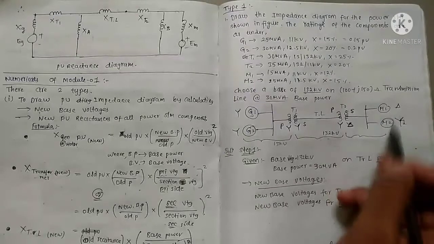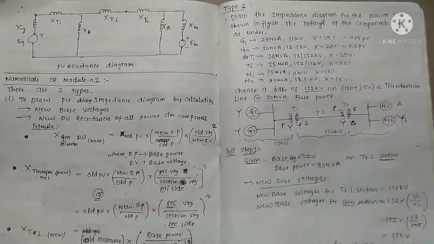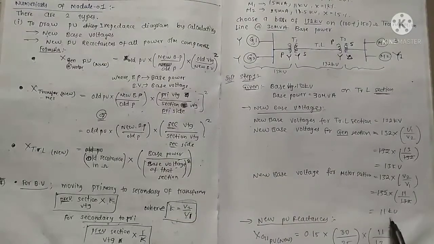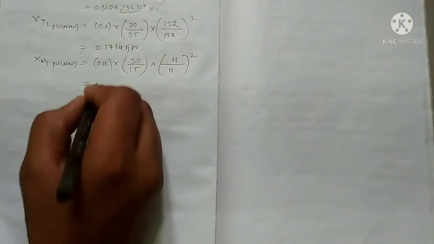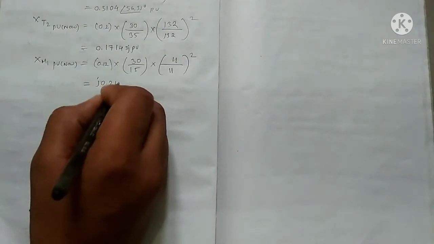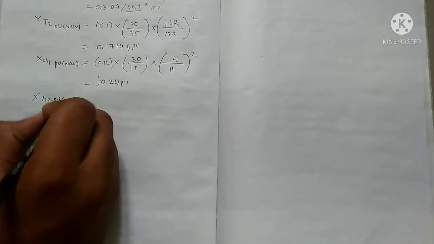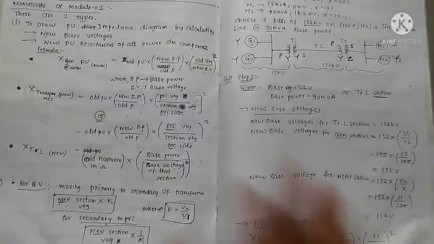M1 is related to the motor section voltage, which we calculated as 11 kilovolt. Therefore 11 kilovolt whole square. This gives our answer as 0.24 pu.